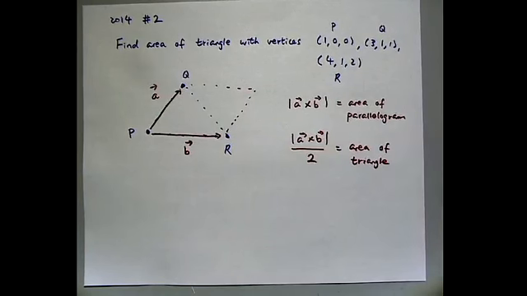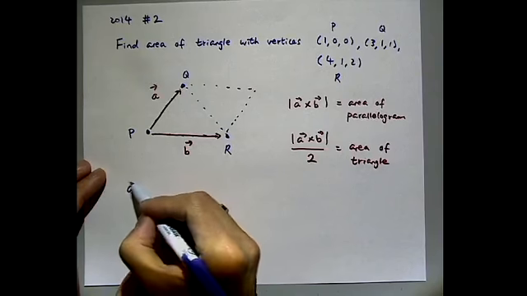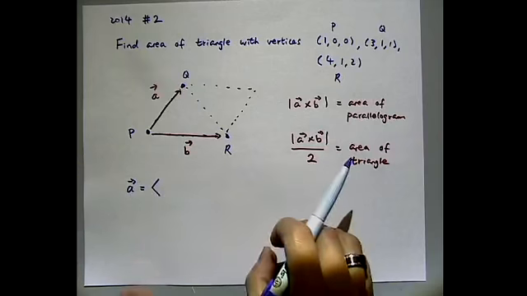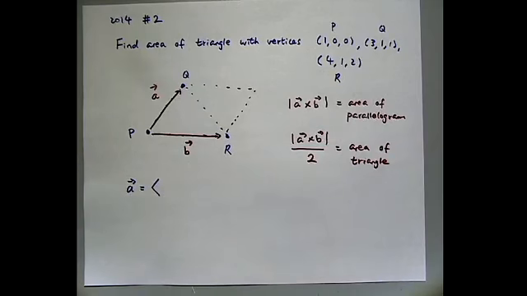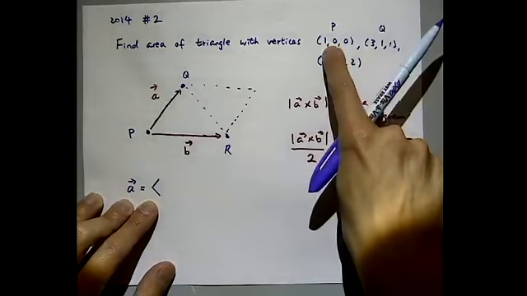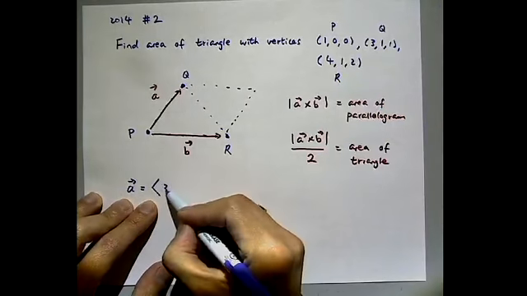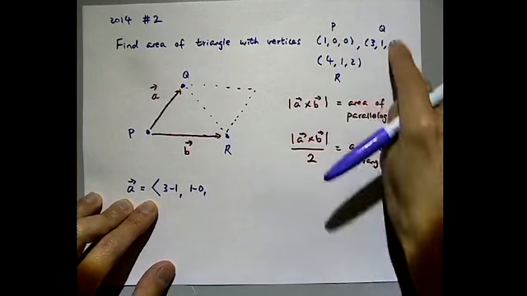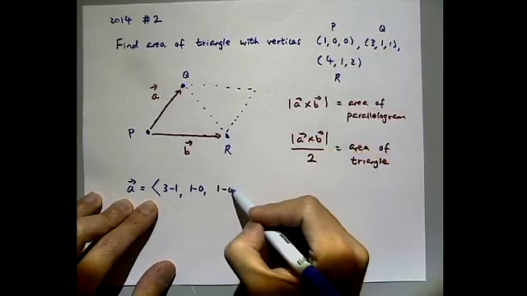Okay, so let's find out the vector A. How would you write a vector A that goes from P to Q? How do you find it? Right, so we're going to do 3 minus 1, that's a 2. 1 minus 0, and then 1 minus 0. Right?